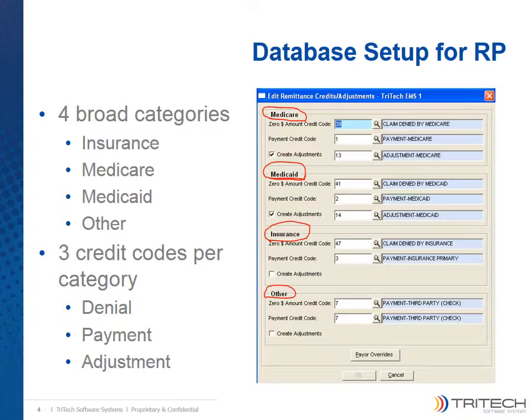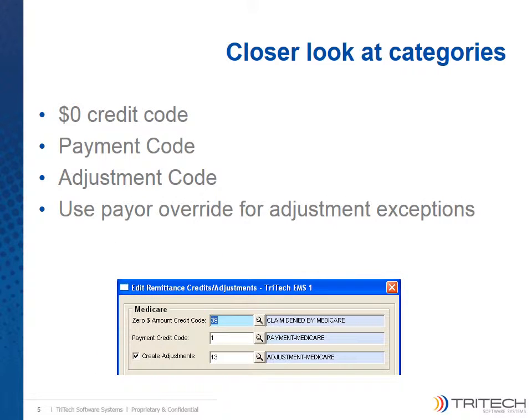The insurance configuration will be used when crediting for any payer code that is configured as an insurance type. And finally, the other configuration will be used for all other payer types. If more control is needed for a specific payer code, then a payer override can be configured. Let's look at the configuration for each payer category.